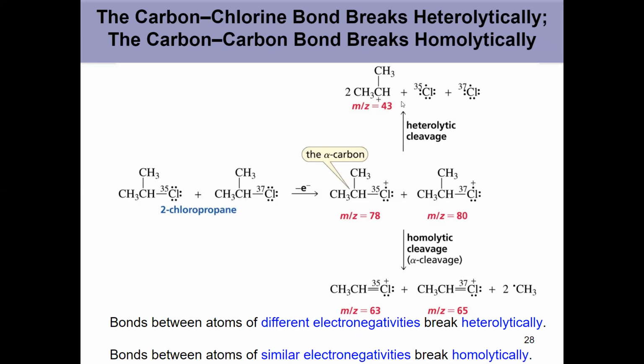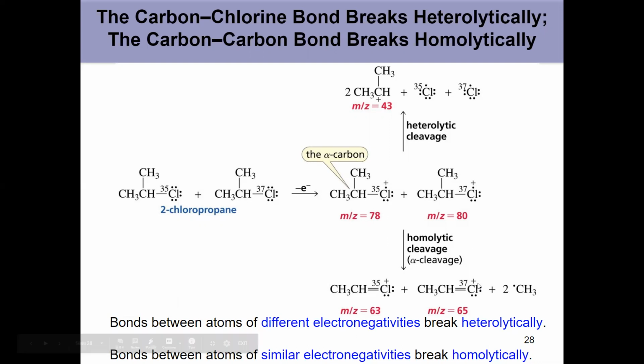But if we have a carbon bond breaking, an alpha cleavage, right, cleavage of a group bonded to the alpha carbon, in this case it's our methyl group that's being lost, that forms a stable cation because all of the atoms have a complete octet by kicking off that methyl group with a homolytic cleavage, right, that gets pumped out in mass spec, and we see two peaks there with complete octets, 63 and 65, maintaining that 3-to-1 ratio because of the two different chlorine isotopes.